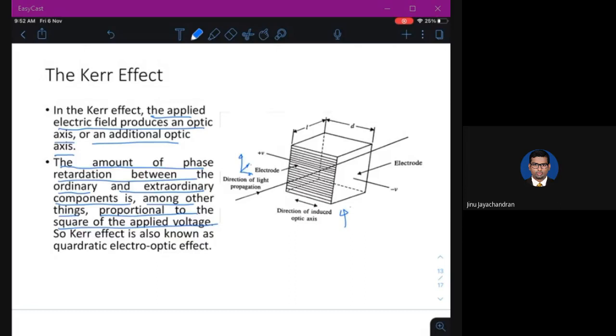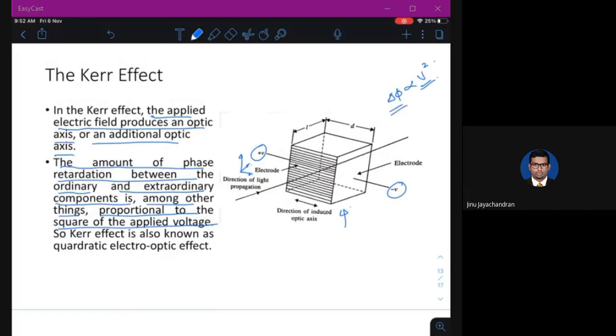The Kerr effect makes sure that whatever phase difference, the delta phi, is there between the components when it emerges out, is proportional to the square of applied voltage. Okay, so there is a voltage applied at the ends, and depending on the square of the voltage applied, the phase difference will change.